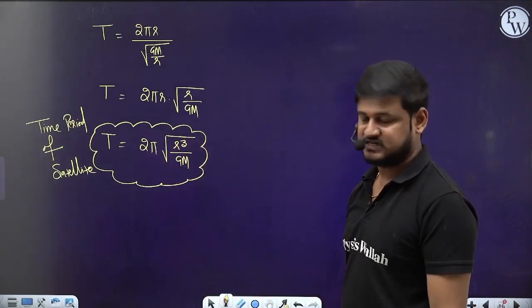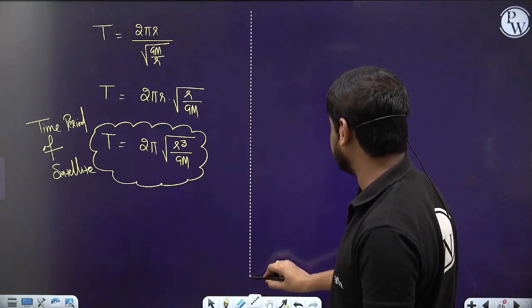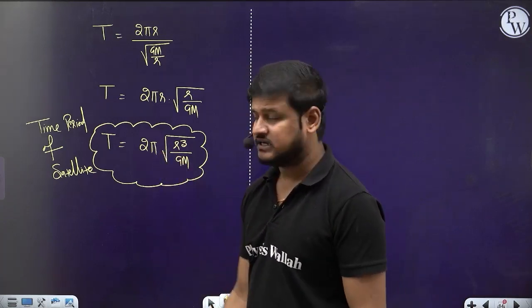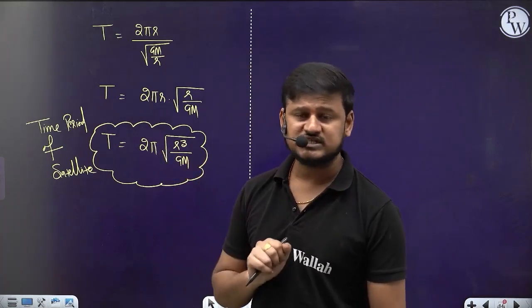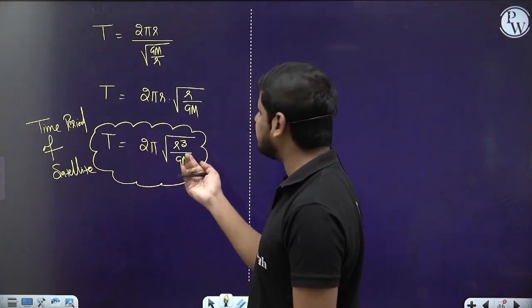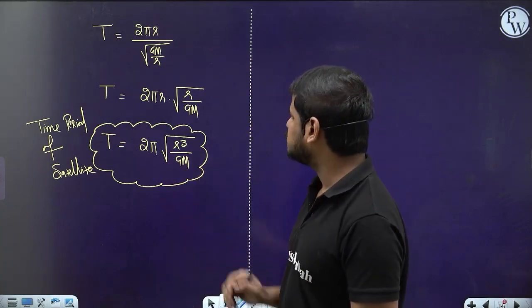cube. That's it. Then, one important result that you have to understand is, the 2 pi is a constant, G is a constant, and M is the mass of the planet. If we take Earth, we take the mass of the Earth, or for some other planet, the mass of that planet. So this is also constant.